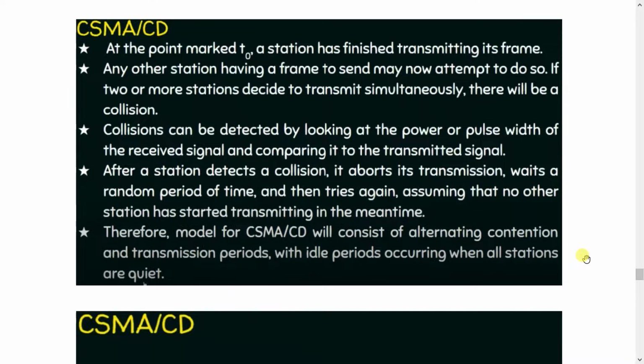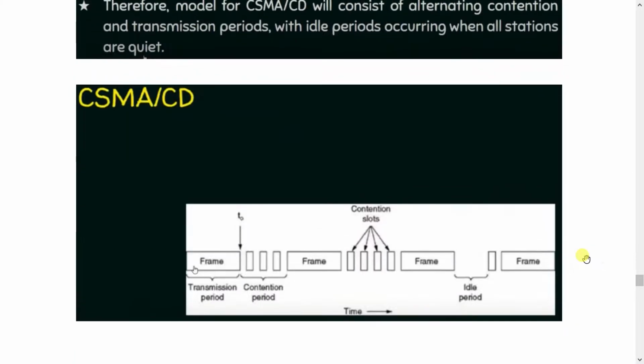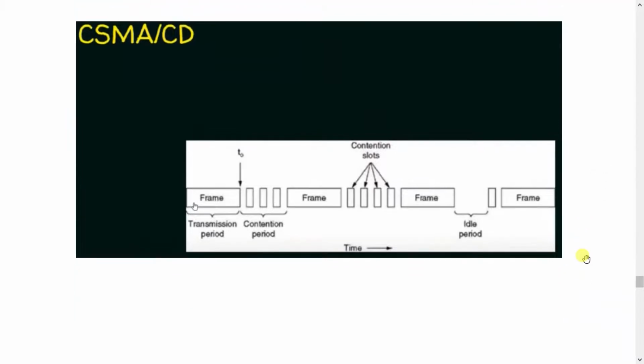So let's give a visualization of the transmission process to understand how carrier sense multiple access with collision detection works. Let's assume that we have this transmission time period. We have a node that has finished transmitting frame 1. We call it the transmission period.